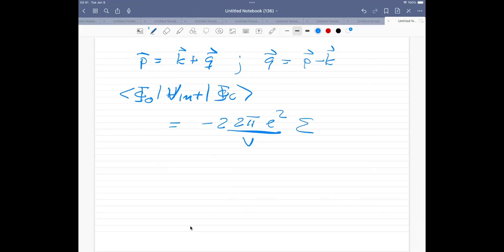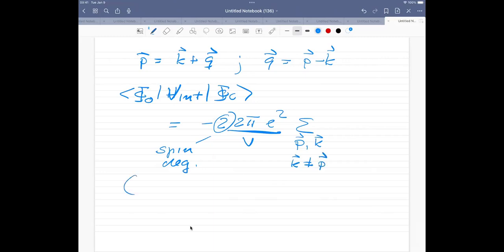This first one here comes due to the spin degeneracy. And then I have a sum over P and K, where K is different from P.